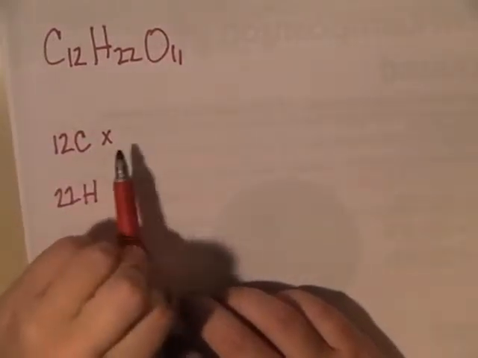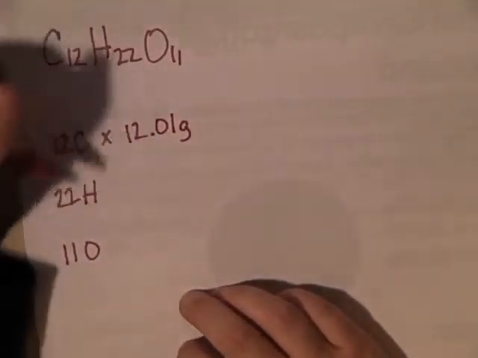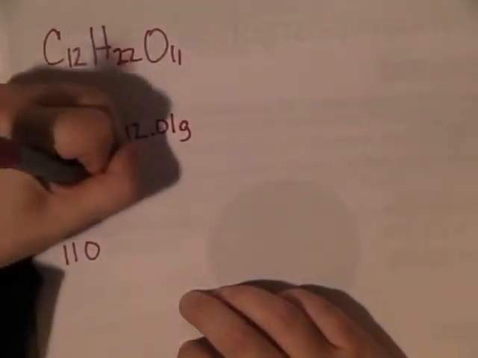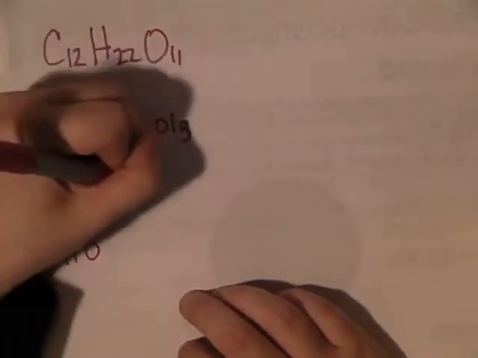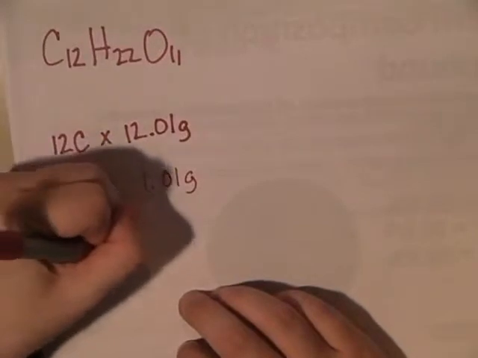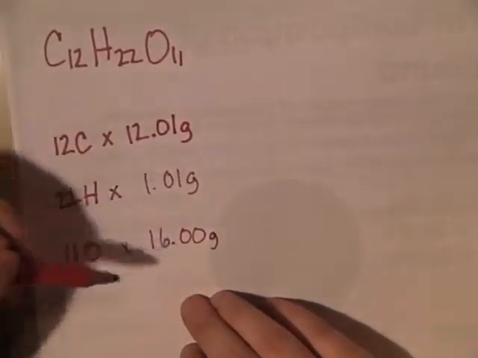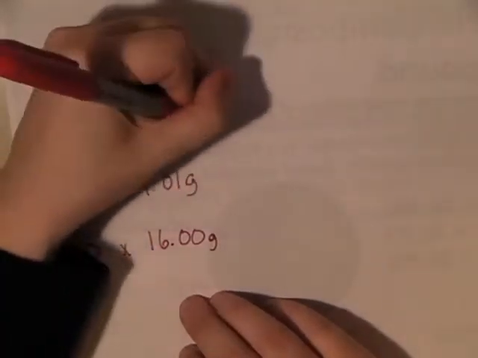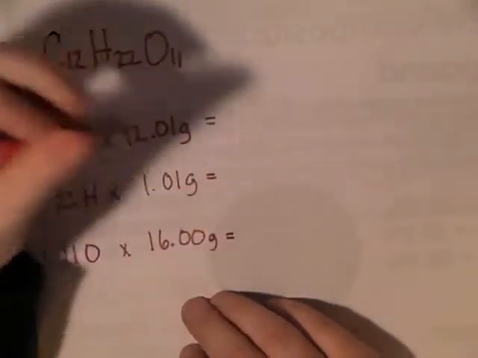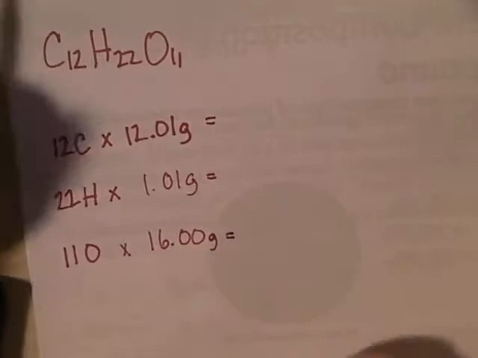What's carbon's molar mass? Good, 12.01. Maybe you have that one memorized. Actually, you should probably have all these memorized pretty soon. Hydrogen, 1.01. And oxygen, 16.00. All of these are 1 past the decimal, so that's how all of your numbers should be in the end, 1 past the decimal. And you'll be good.